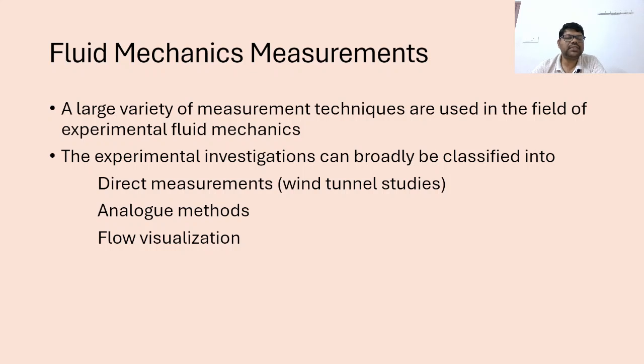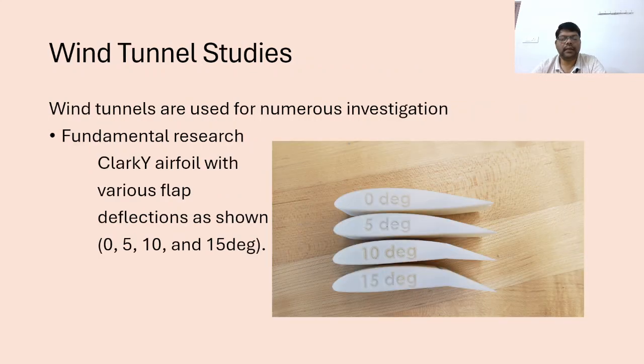Direct measurements is otherwise called the conventional experimental method, where we use a wind tunnel as the experimental device. We will take the direct measurements first, that is, wind tunnel studies.